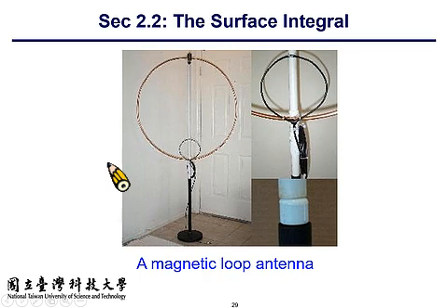In Taiwan, the frequency assignment for AM radio broadcasting is from about 500 kilohertz to 1500 kilohertz.